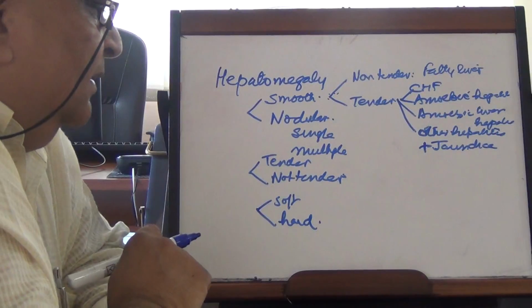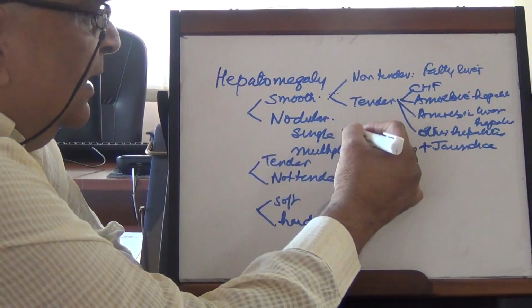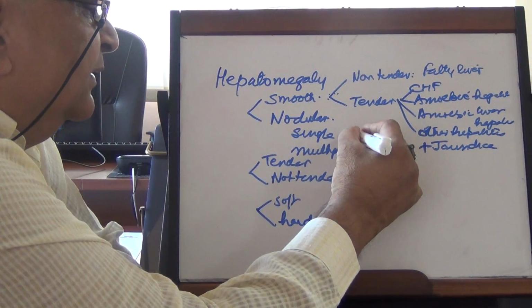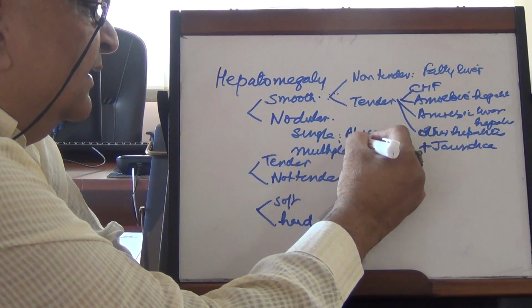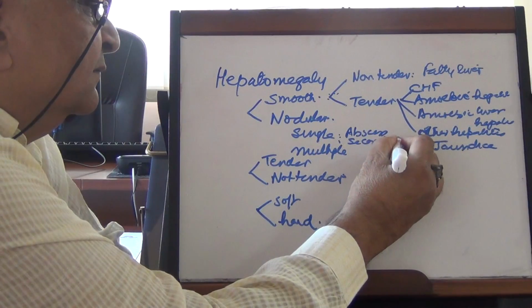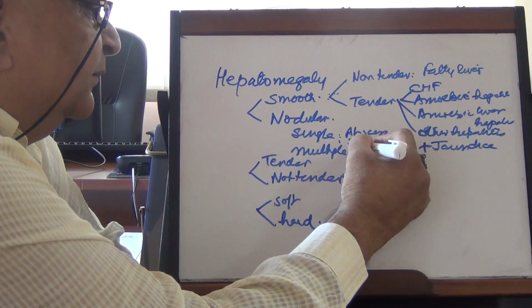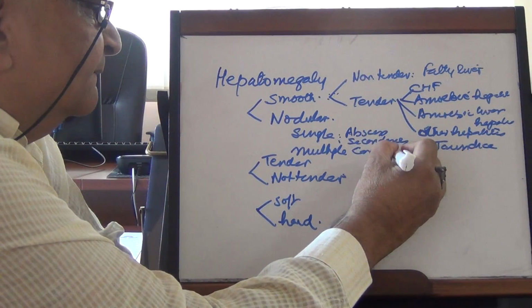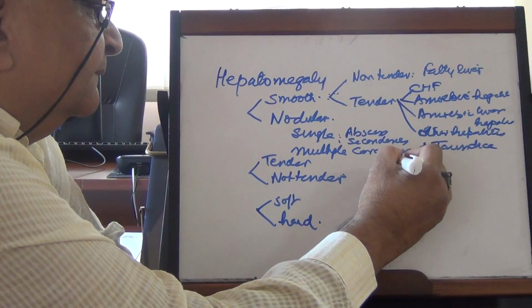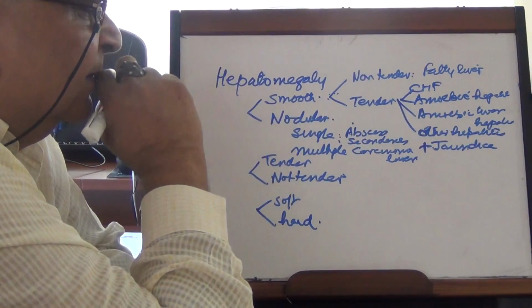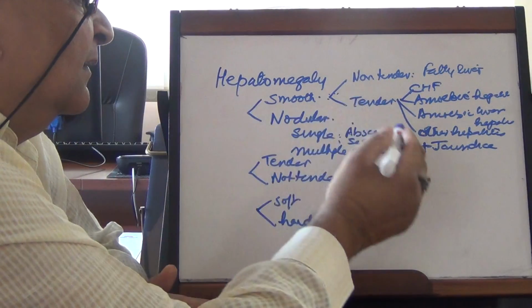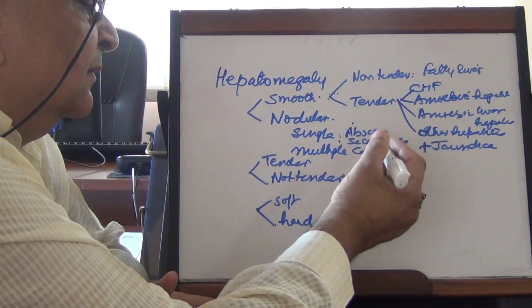So, a single nodule in the liver could be a liver abscess or could be secondaries or could be carcinoma of the liver. Liver abscess is usually amoebic.